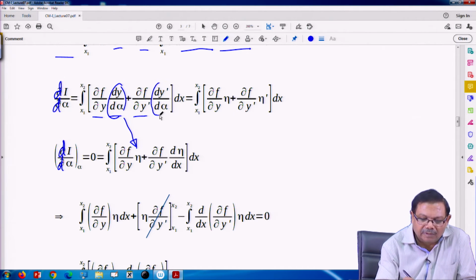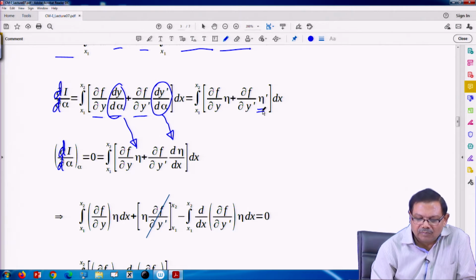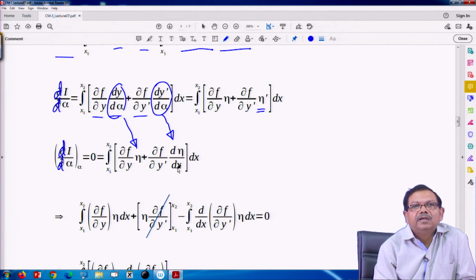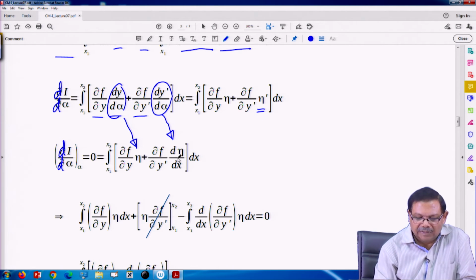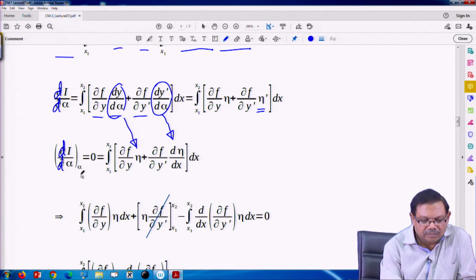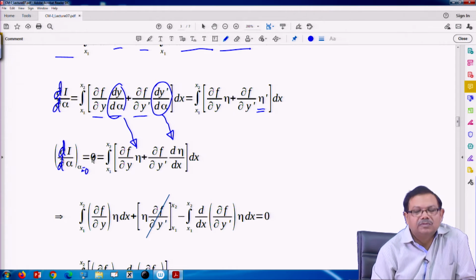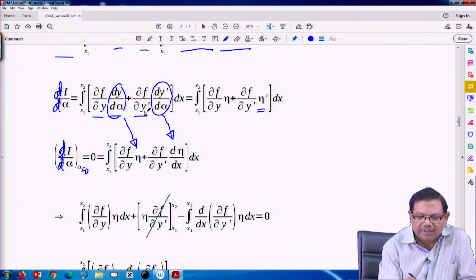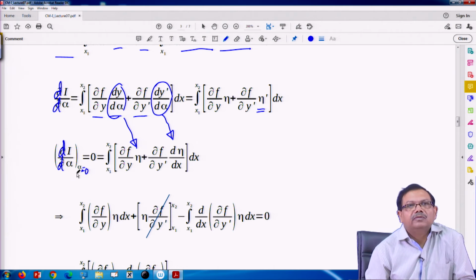Similarly, from here, if I take the derivative with respect to alpha, I get eta prime, which is d/dx of eta, and this integral. And now, if I compute it at alpha equal to 0, this must be 0, and since no more alpha is there in the integral, this integral must be 0.